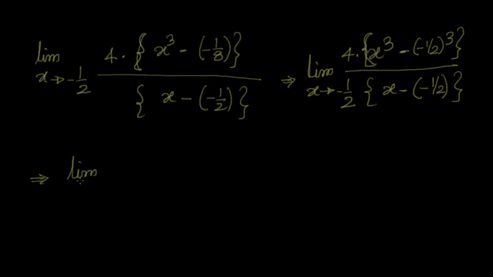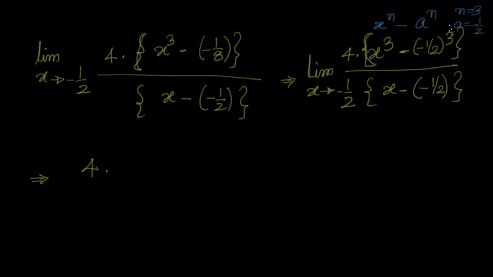So I can directly write it as, I don't need actually limit x tends to because I know the formula. So I'll write it as 4 into, now what's the value of n here? X to the power of n minus a to the power of n, where n equal to 3, a equal to minus 1 by 2. So let us substitute that here.